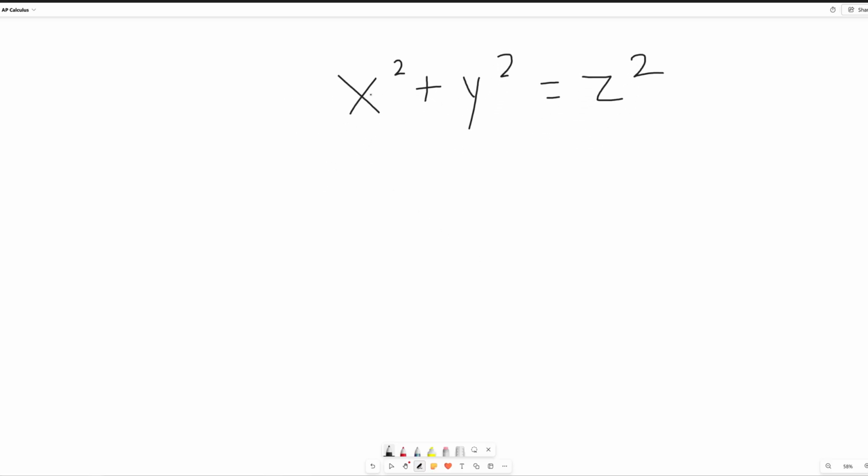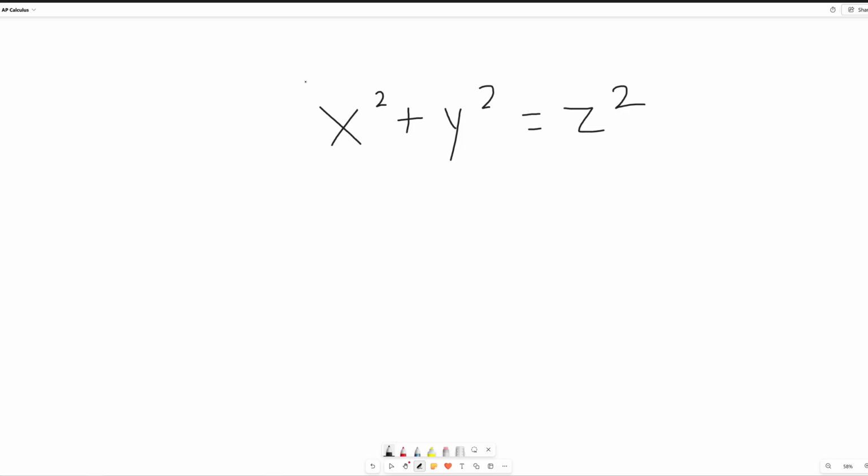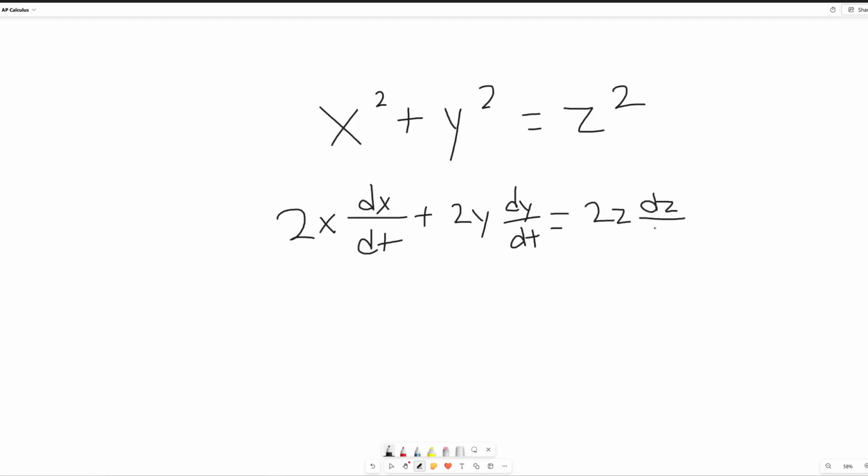So let's say we take the derivative of x squared plus y squared equals z squared with respect to time. It's going to be the same concept, except instead of adding a dy dx, we're going to add a dx over dt for x, a dy over dt for y, and a dz over dt for z.